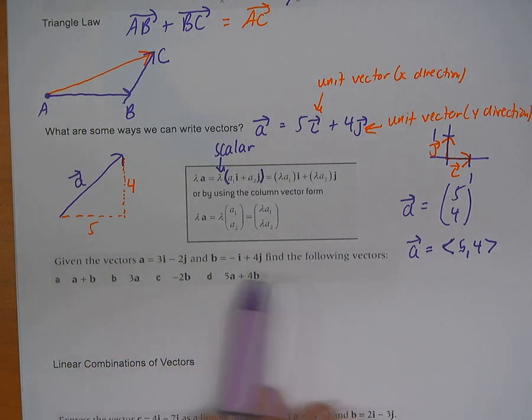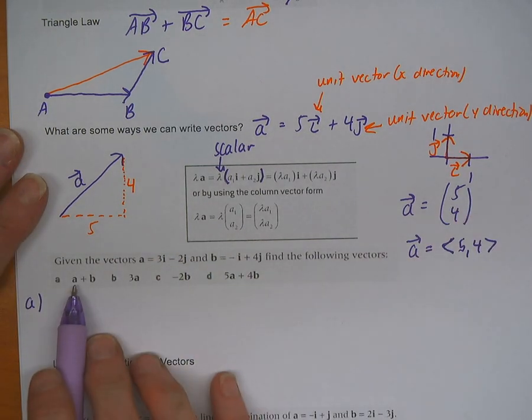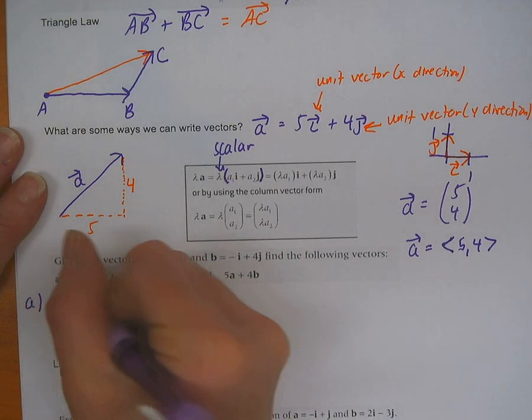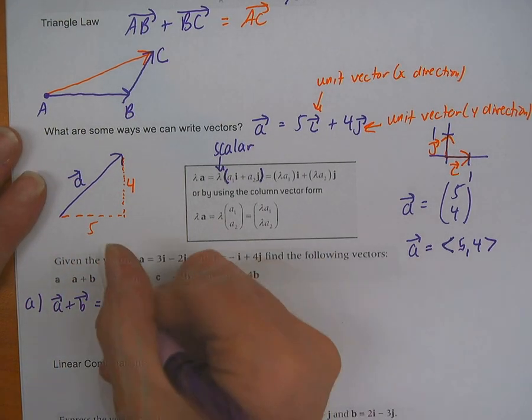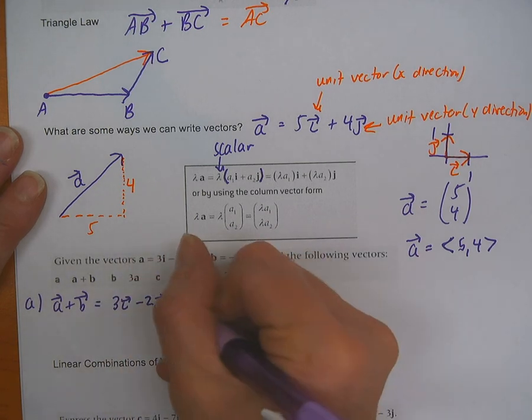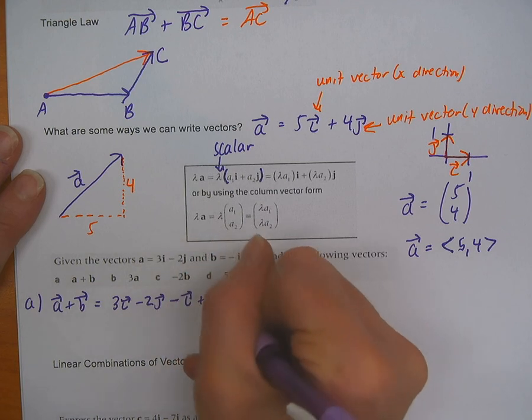Okay, the reason that they illustrate that is because of what we're going to do next. We are going to algebraically find some vectors. So for part A, we're being asked to combine vectors A and B together. So we'll have 3i minus 2j plus negative i plus 4j.